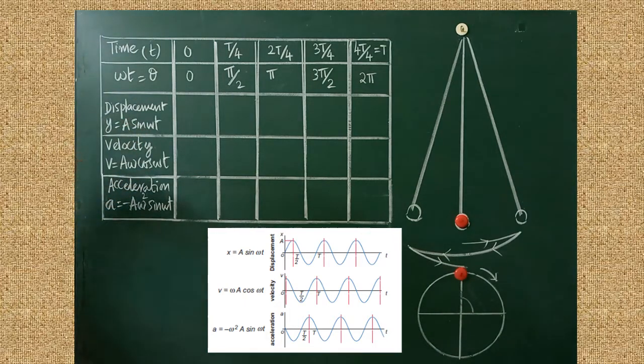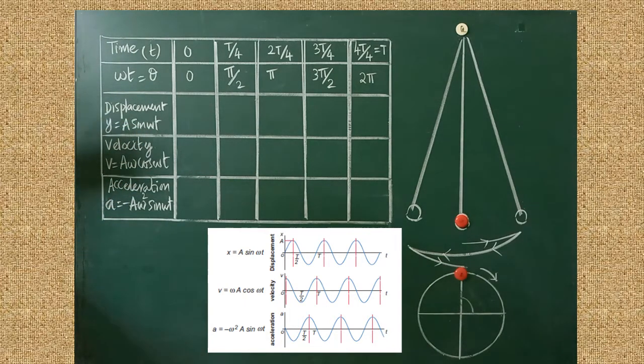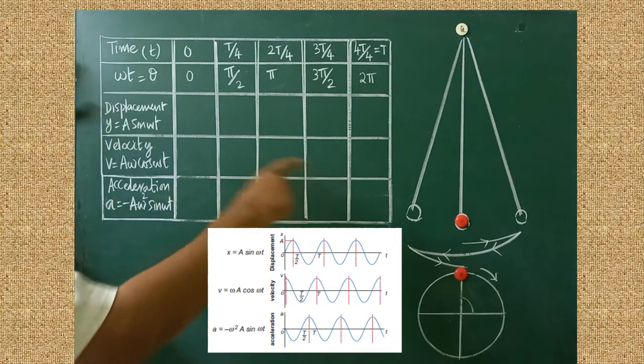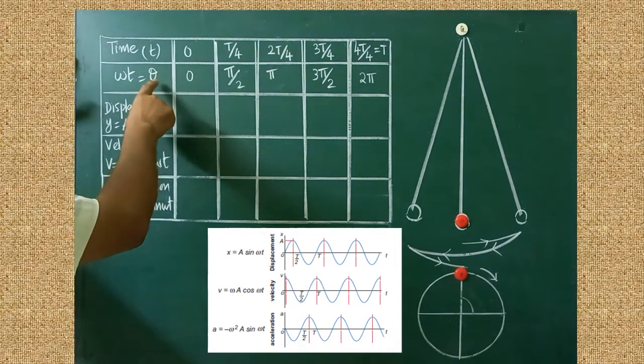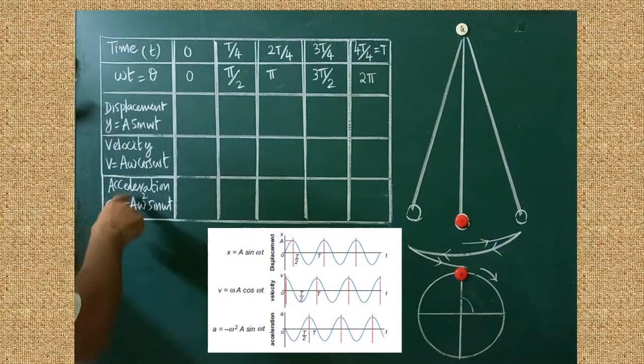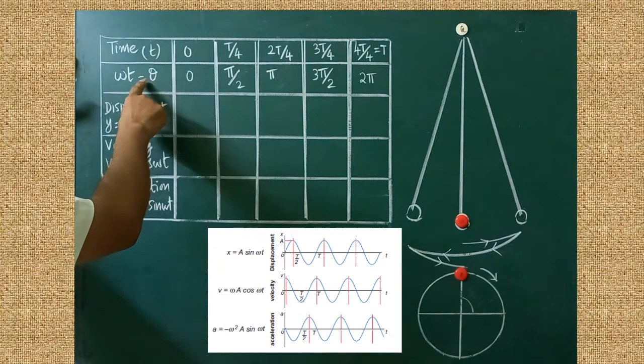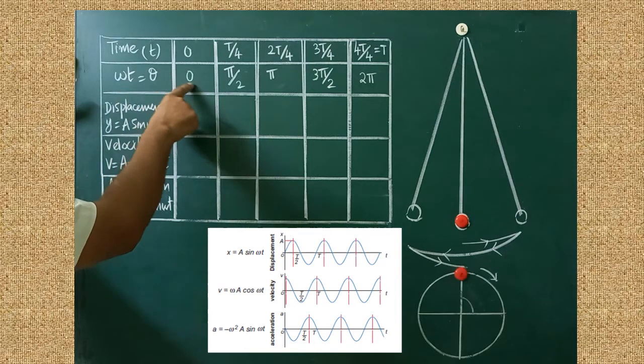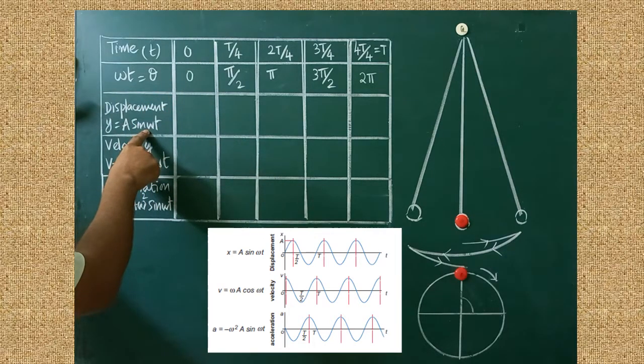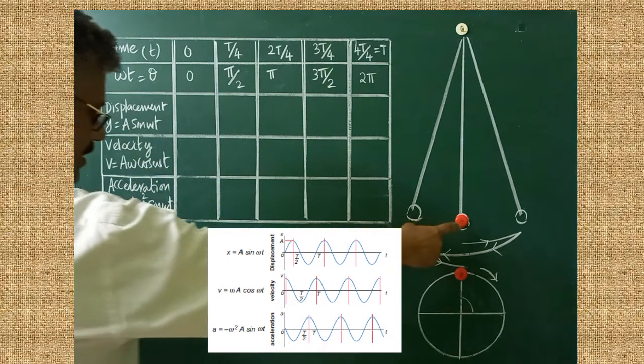Now we will calculate the displacement, velocity and acceleration values of the simple harmonic motion particle. Here all the expressions are given. First you substitute omega t as 0 in the first expression. Now we can calculate the displacement when the pendulum is here.